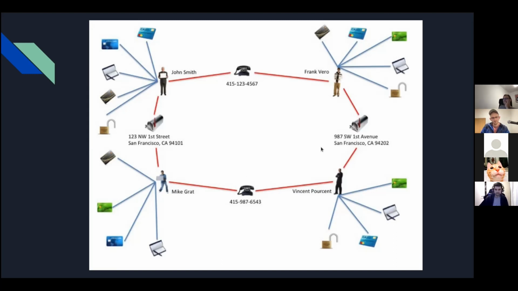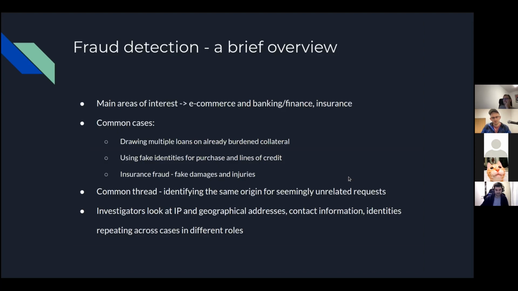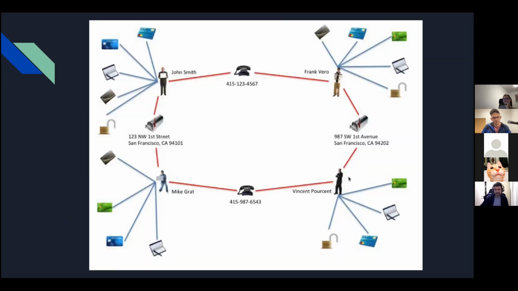So here you have, this would be the second case already mentioned on those bullet points. So the fake identities, e-commerce fraud. None of these people are real, but the data points are real. These 4 people are actually 2 guys living on these 2 addresses, and they have these 2 phones, and the rest they're making up as they go.